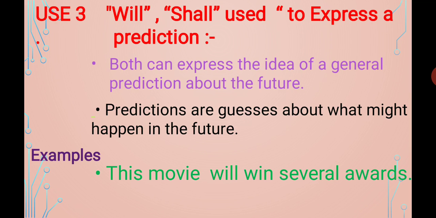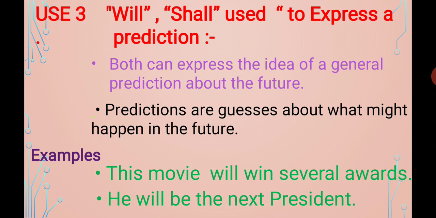The action is not regularly done, the action is not already done, but it will be done in the future, after some time. Maybe it will happen in the future. He will be the next president.